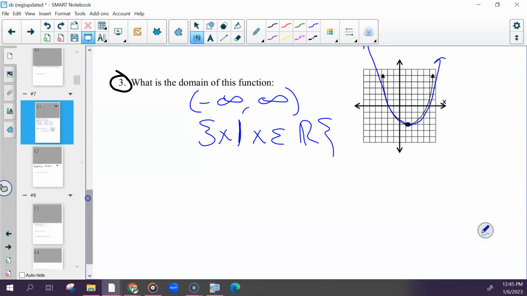They mean the same thing, but this is interval notation, this is set builder notation. This says x such that x is an element of all real numbers, which really just means it goes from negative infinity to positive infinity. But that would be your domain. Questions on 3?